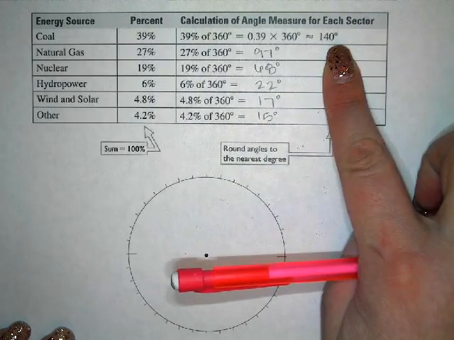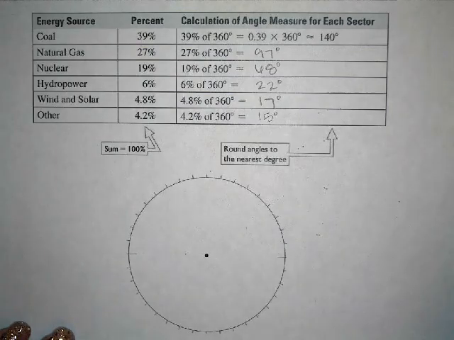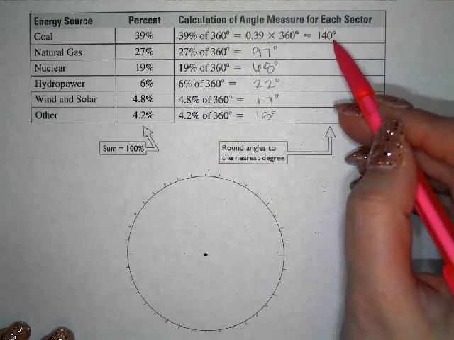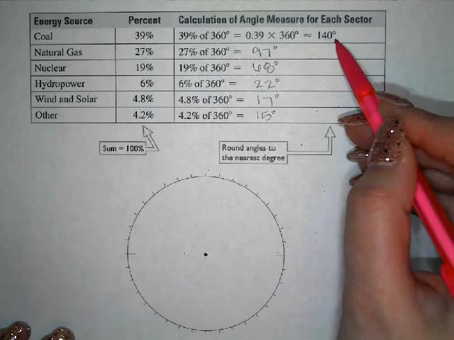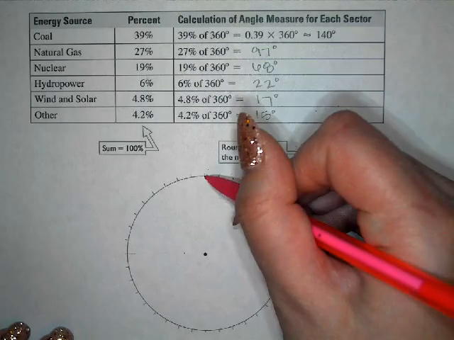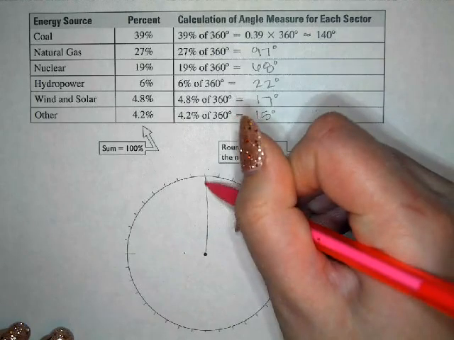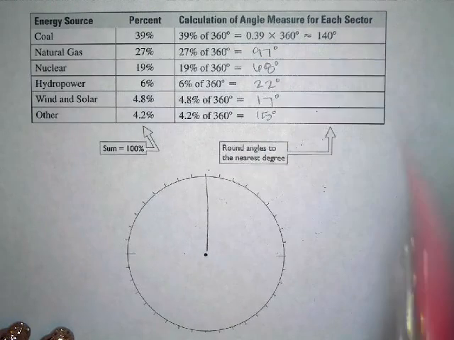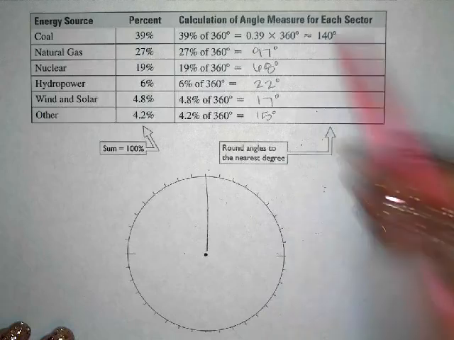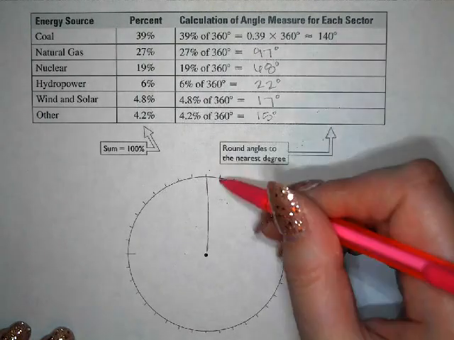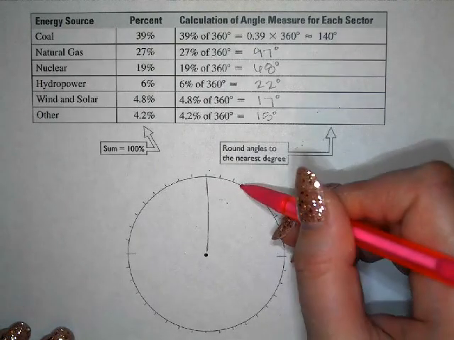So I'm going to start by drawing a radius. It doesn't matter where you draw it. And then I'm going to count out 140 degrees. So 10, 20, 30, 40, 50, 60, 70, 80, 90, 100, 110, 120, 130, 140.